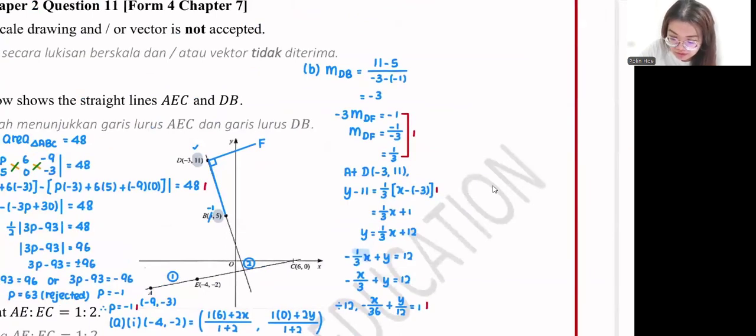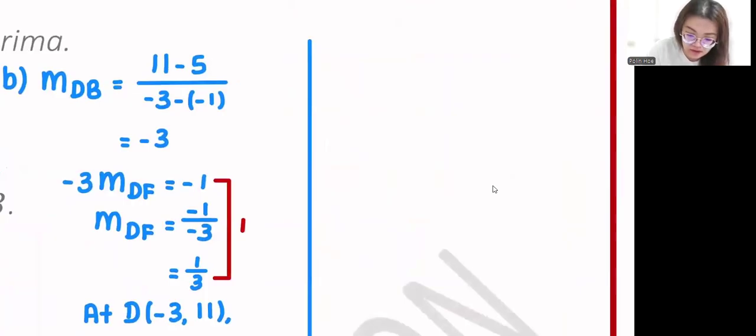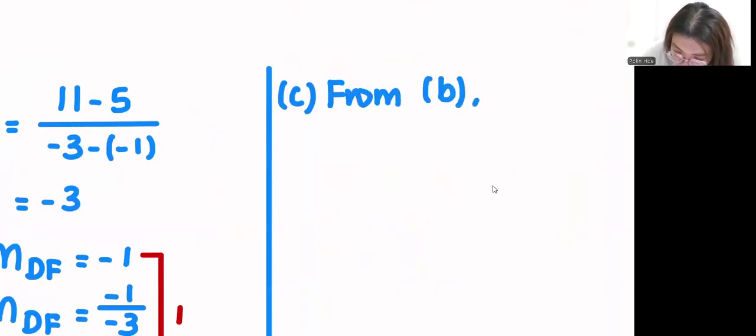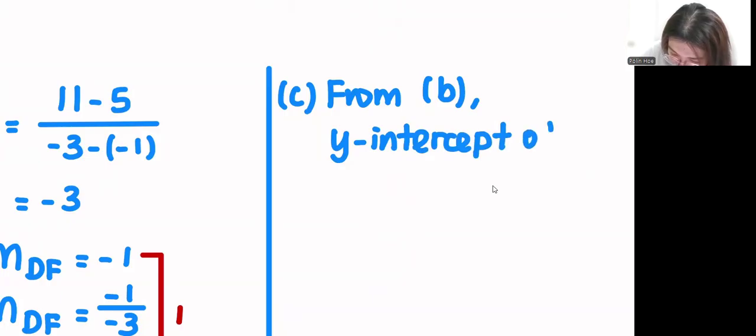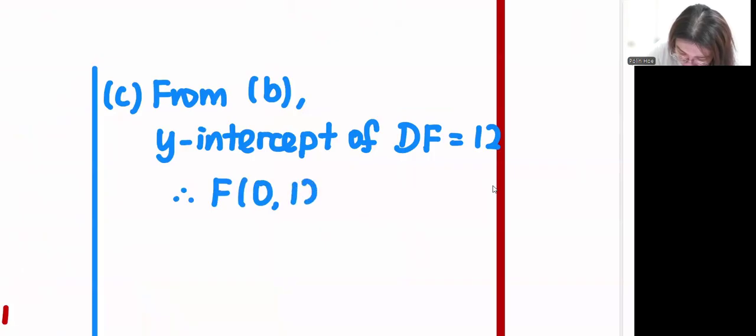You can tell story. 这一边 we are doing C. From part B, the y-intercept of DF is equals to 12. That's why the coordinate of point F is 0 and 12.